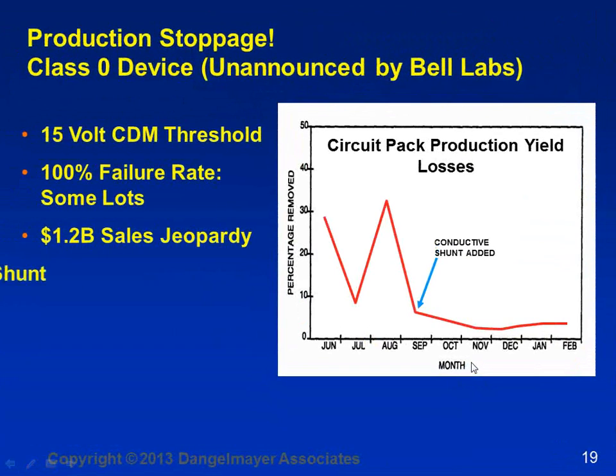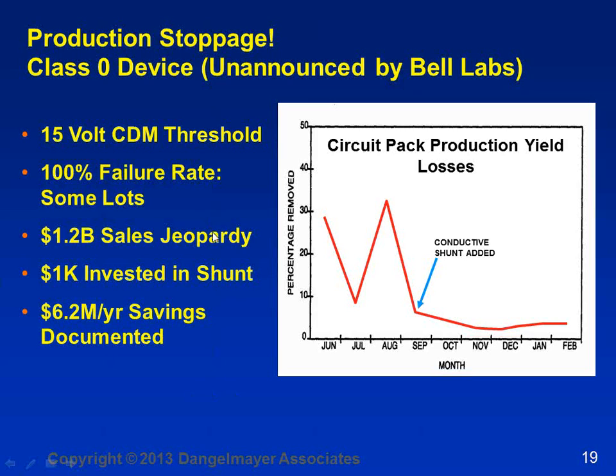Here is the example that I mentioned earlier. Now, I'm not going to go into all the details in the interest of time, but I do want to point out that this was a case where Bell Laboratories knew they were putting into production an extremely sensitive device, but there was no process in place to communicate that information, and it just wasn't deemed a high risk. So you can see the results here.